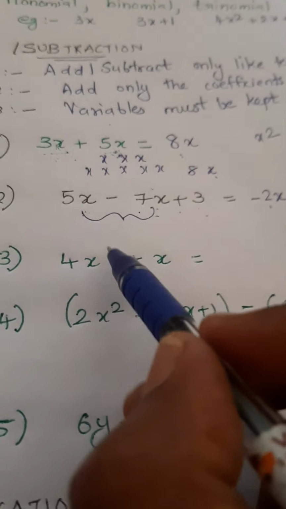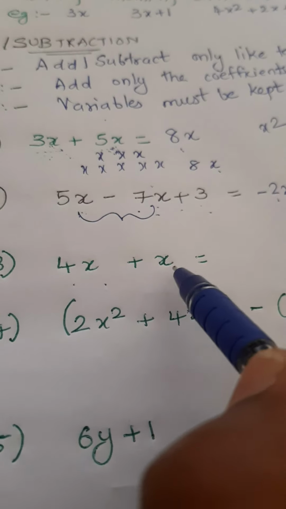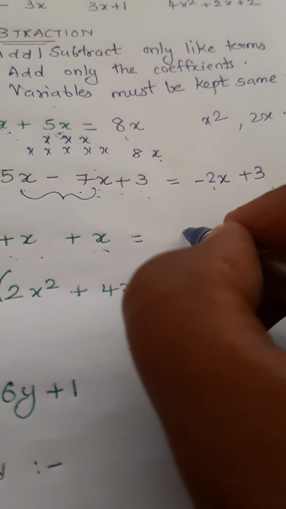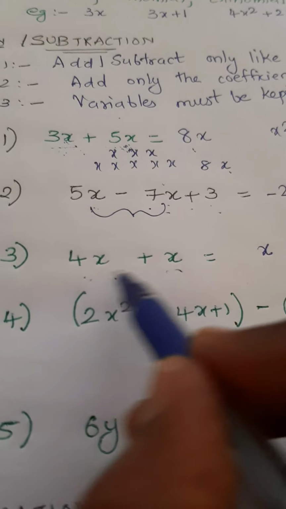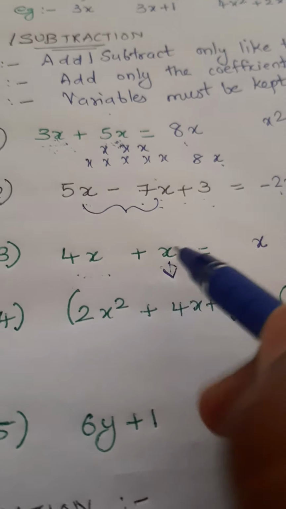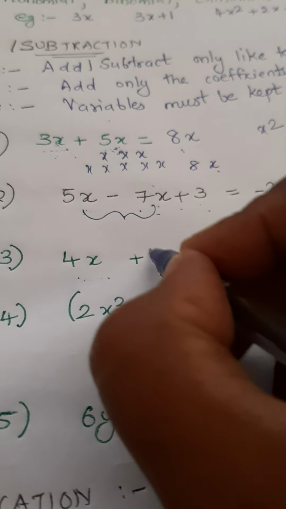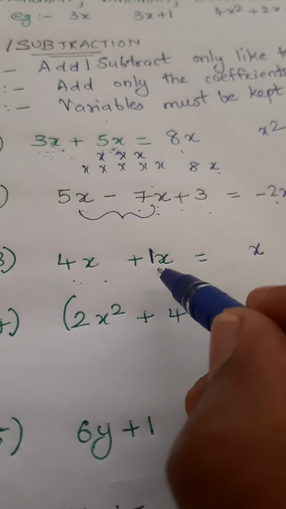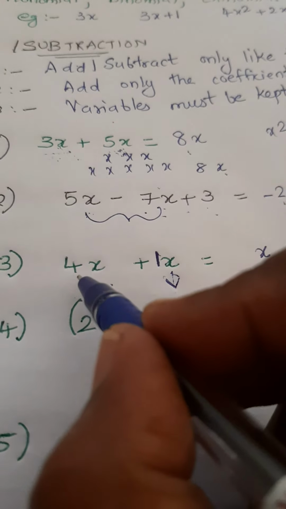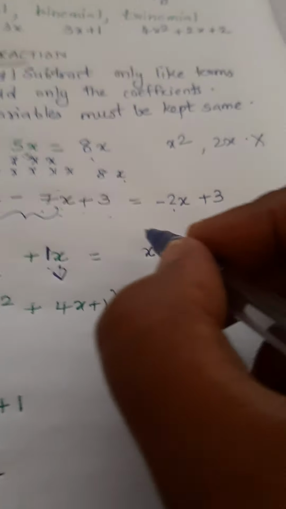Okay. The third example, 4x plus x. Okay, the variable part will remain the same. And what about the number part? Here if you see x, the coefficient is 1. Although it is not mentioned here, you have to take the coefficient as 1. So the number part will be 4 plus 1, which is 5x.